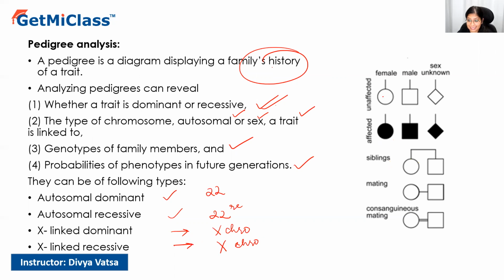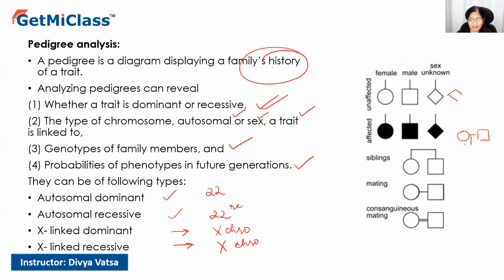There are symbols that we study for pedigree analysis. You already know that the round shape tells us that it is a female. The square tells us that it is a male. And if it is drawn as a rhombus, that means that the sex is unknown. Then if the individual is affected, it is going to be shaded. If they are siblings, then they are attached by a link coming from the parent.